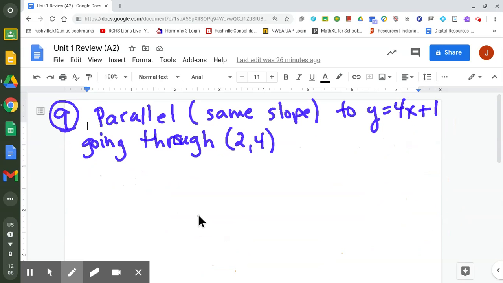On number 9, you're asked to find an equation of the line that goes through a point and is parallel to an equation. So parallel means same slope.